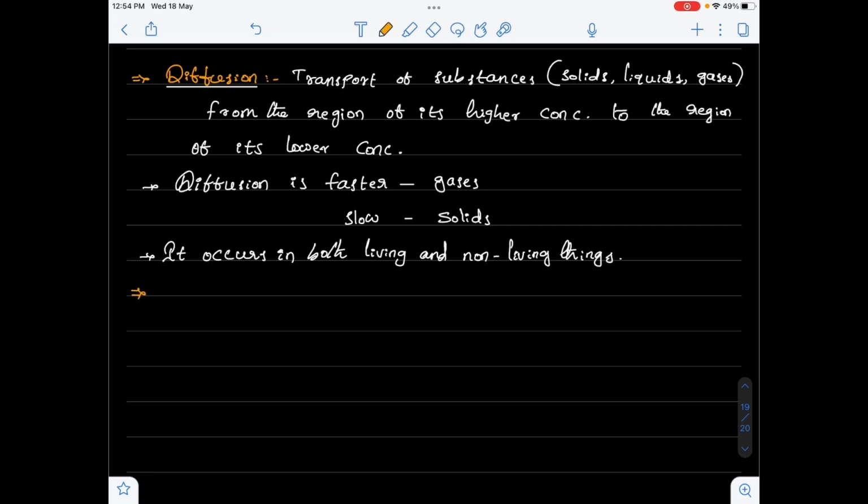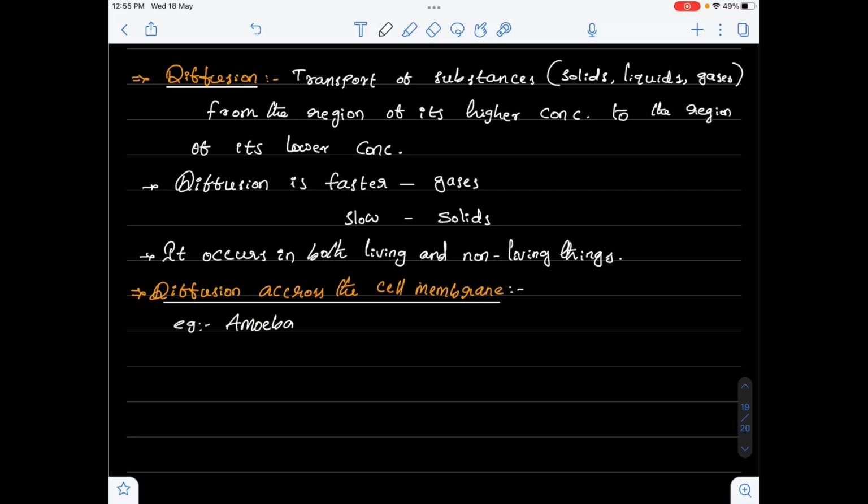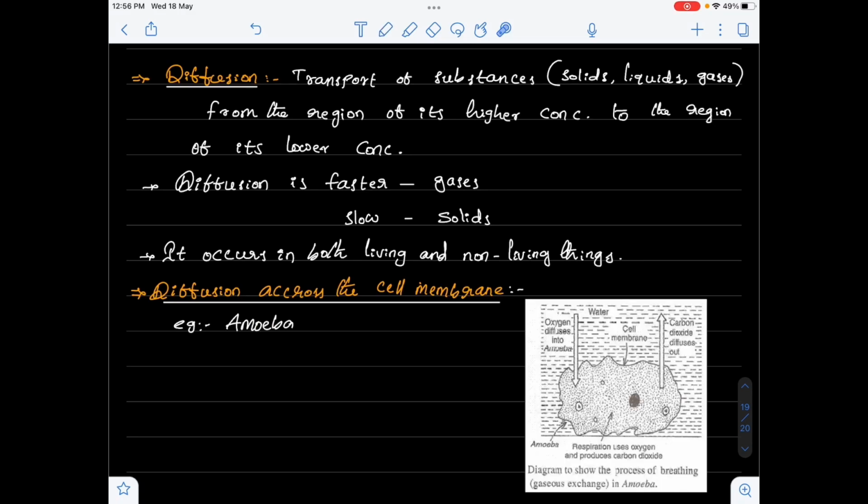So now let us take one example. How does this diffusion take place in the living cells? Diffusion across the cell membrane. Let us take a unicellular organism, amoeba. We know that amoeba is a unicellular eukaryotic organism and it lives in fresh waters.